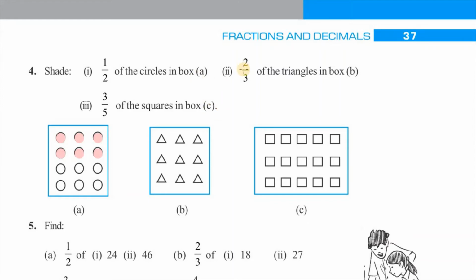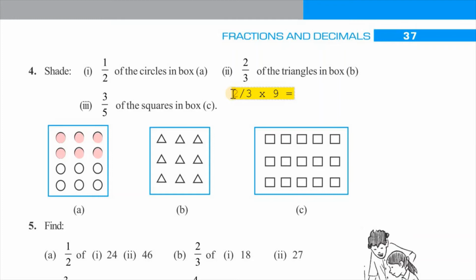Similarly, let's try the second one. 2 by 3 of the triangles in box B. So we need to shade 2/3 of the triangles in box B. For us to do that, we need to first calculate how much is 2/3 of the triangles here. How many triangles are here in total? There are 9 triangles. So what is 2/3 of 9? We need to multiply 2 by 3 into 9.